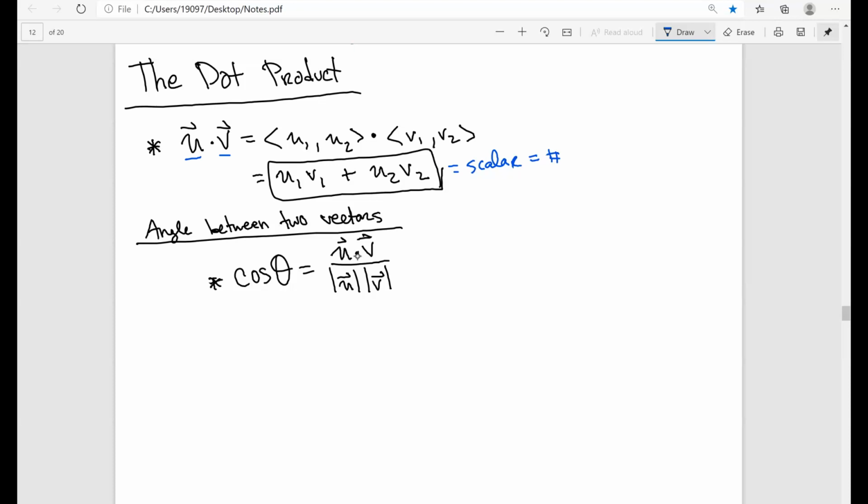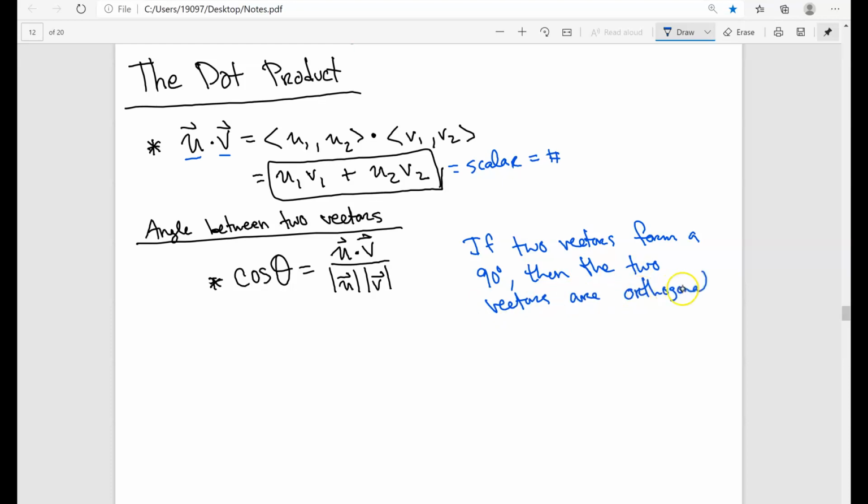One other thing to know is that if two vectors form a 90-degree angle, then the two vectors are called orthogonal, which is just a very fancy word for perpendicular.